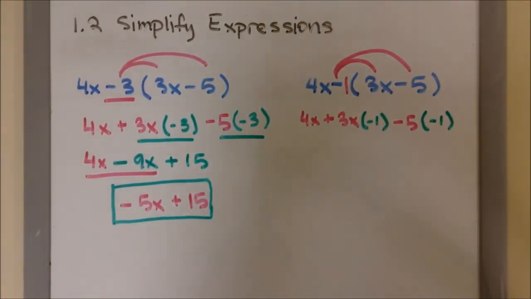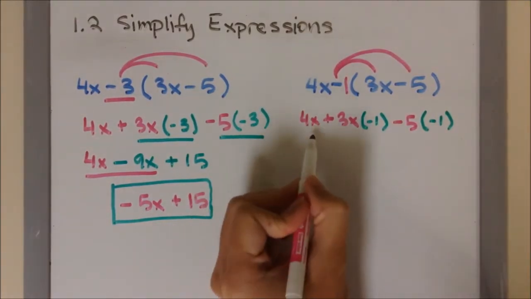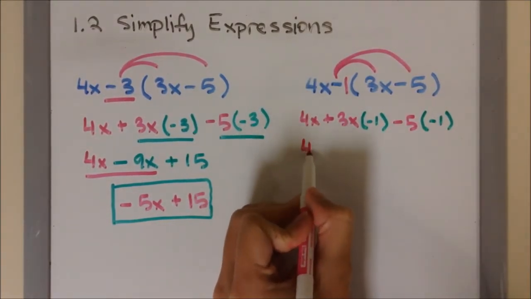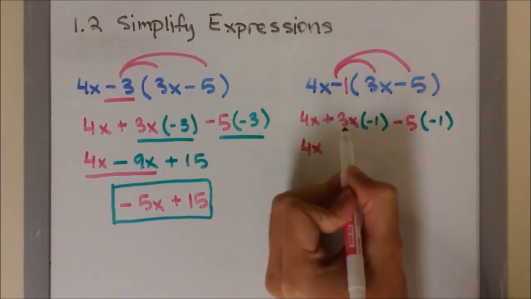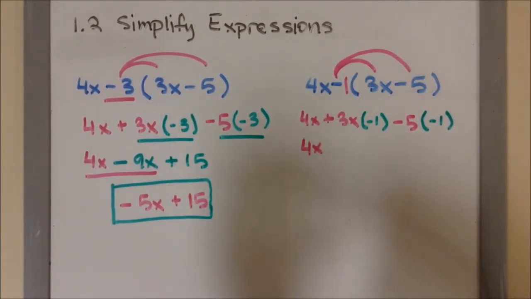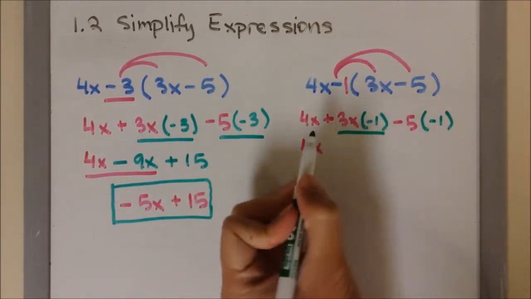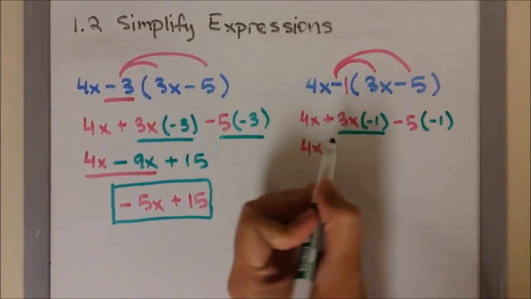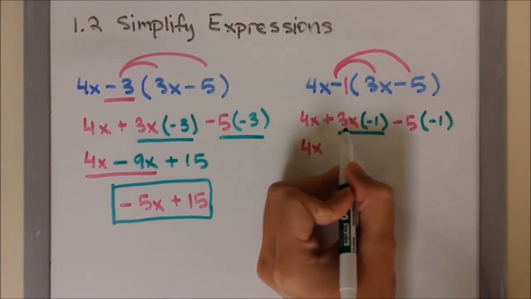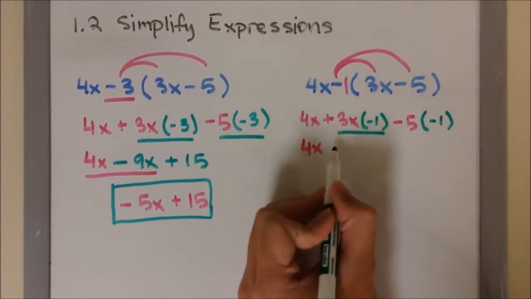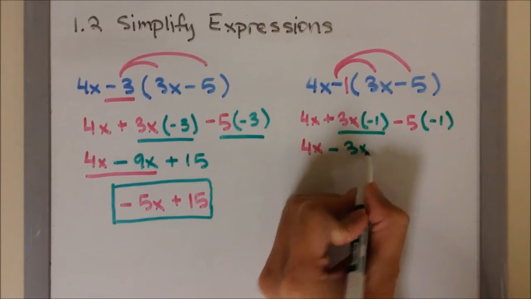So, first, I can't do anything to the 4x. Bring it down. I did not add it to the 3x because this 3x is multiplying by negative 1. So I need to simplify that first. Positive 3x times negative 1 becomes negative 3x.